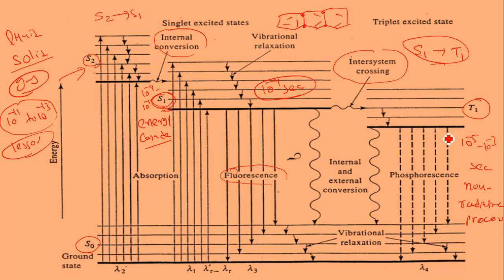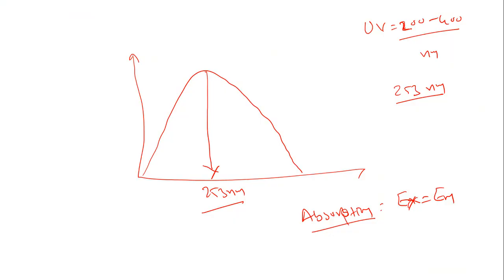Now when fluorescence and phosphorescence occur in the same type of molecule, phosphorescence is found at a lower frequency than fluorescence, because of the higher difference in energy between S1 and S0 as compared to T1 and S0. Suppose I have one molecule, let's say molecule A, that shows both fluorescence and phosphorescence.